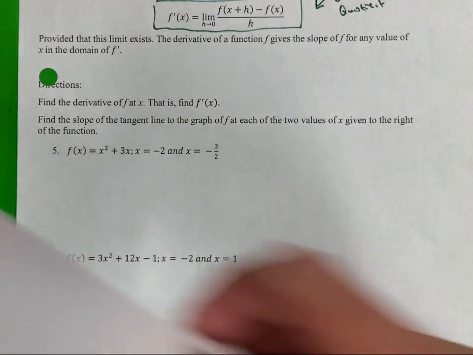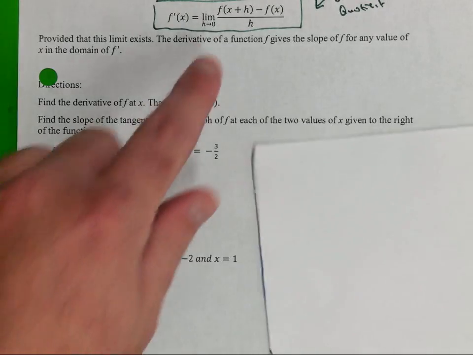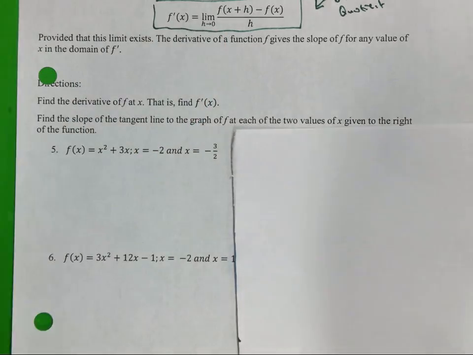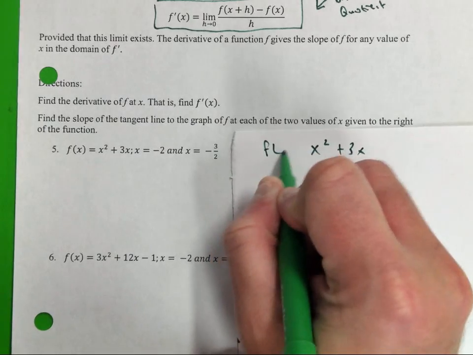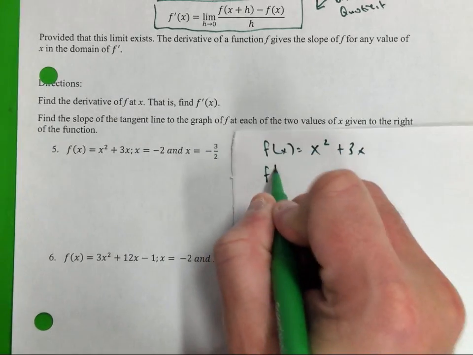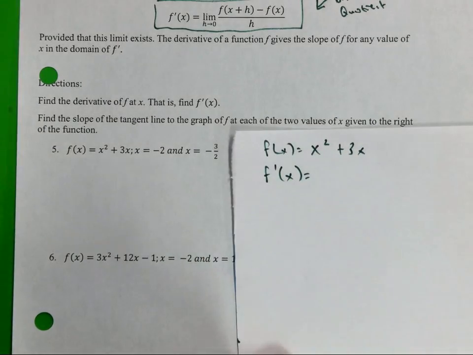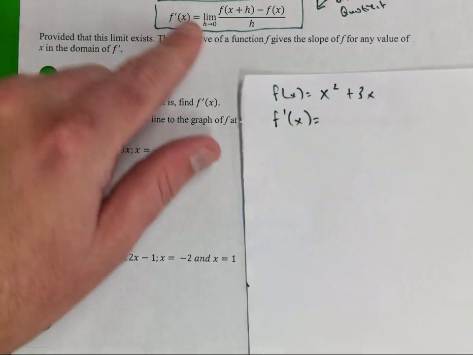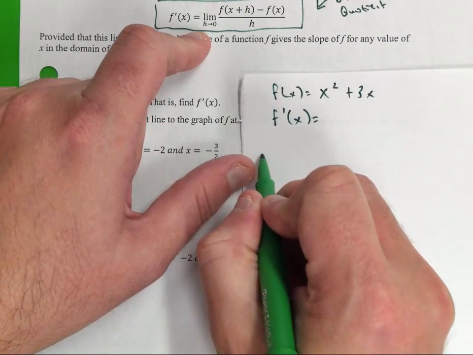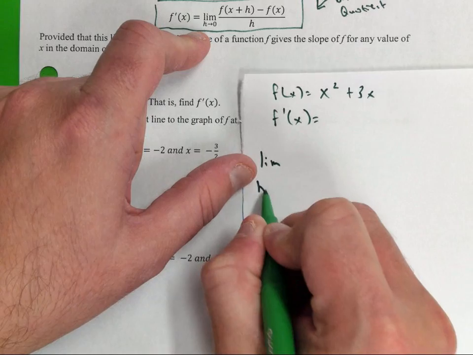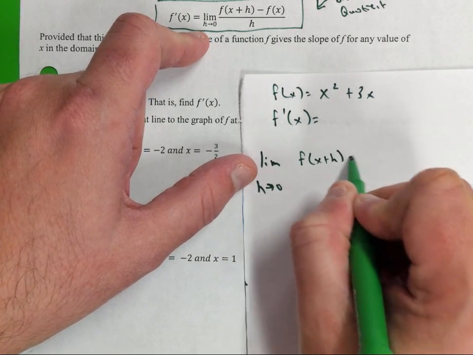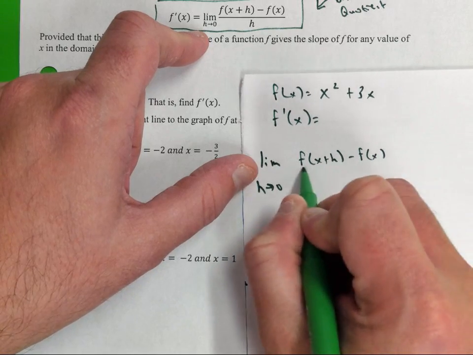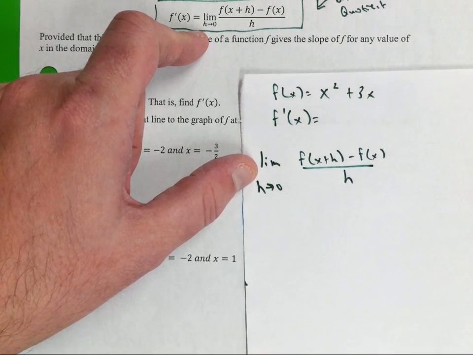Now, I'm going to write this on another piece of paper so you see this. My original function is x squared plus 3x, and I want to find f prime of that function. I have to use this formula: the limit as h goes to 0 of f of x plus h minus f of x over h.